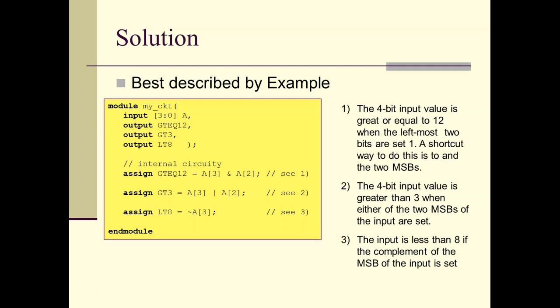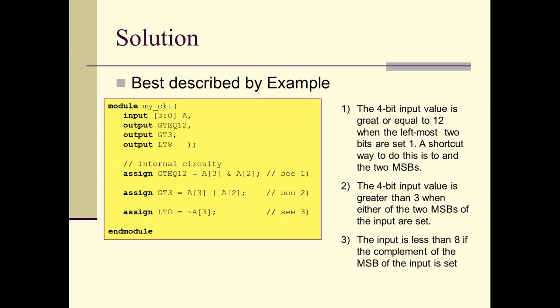You can see that the input A there is a 4-bit vector, or a bus or bundle. The other 3 outputs are each 1 bit wide because I don't specify the width of them. Once I don't specify the width, it defaults to a 1-bit signal. There are 3 assign statements there, of course, one for each output.